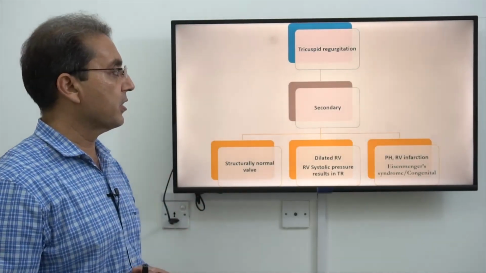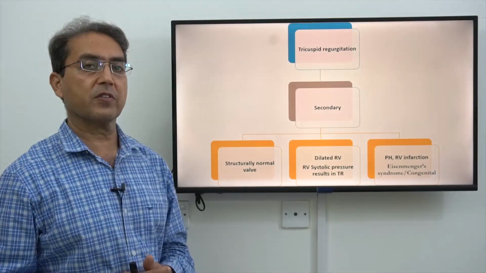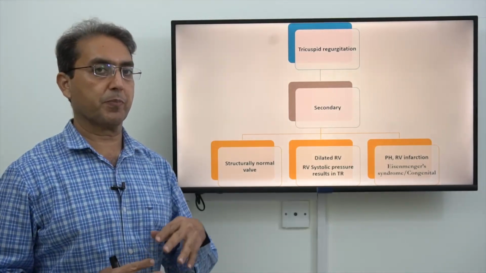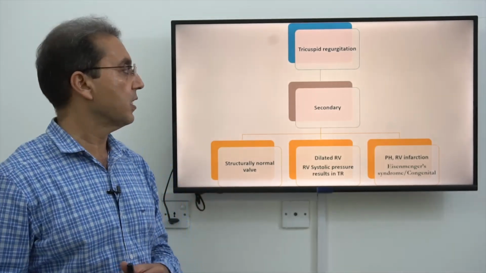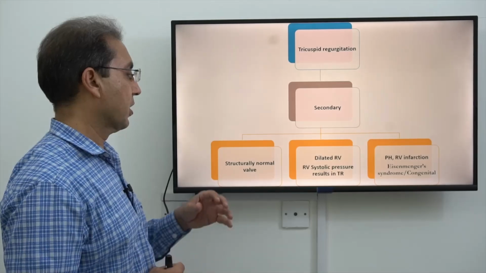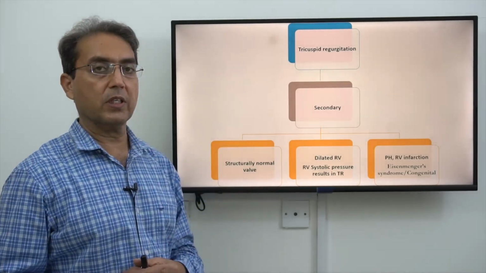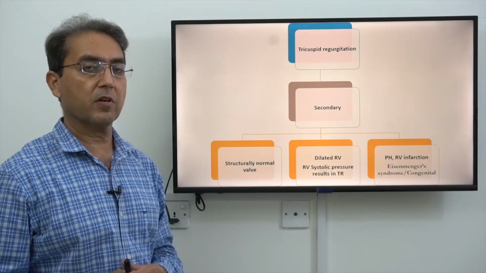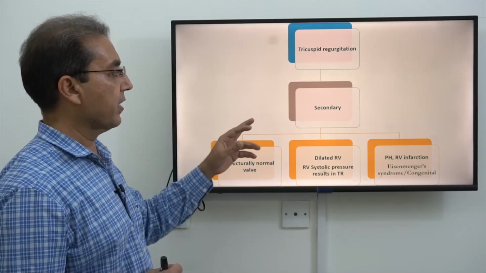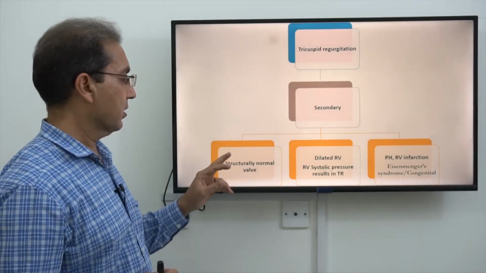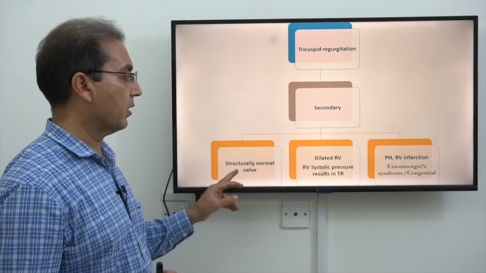Now, in most cases tricuspid regurgitation is secondary. The primary lesion is not in the valve. Almost 90% of the cases are secondary tricuspid regurgitation. Only 10% are primary disease in the valve or valve apparatus. In secondary tricuspid regurgitation, the valve is structurally normal.